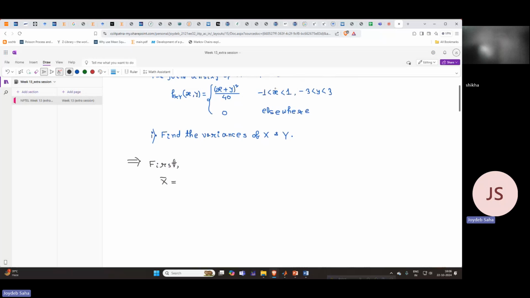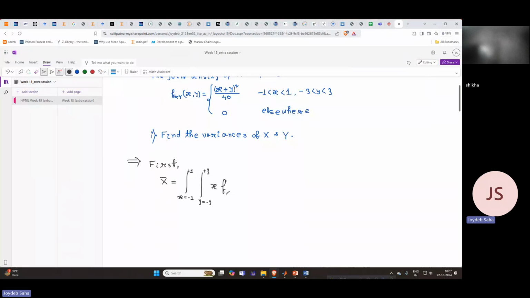Okay, so as this is the limit, we will directly put the limit. X is equal to -1 to +1, and y is equal to -3 to +3. Okay, x into f of xy.